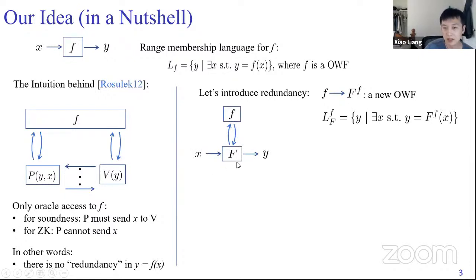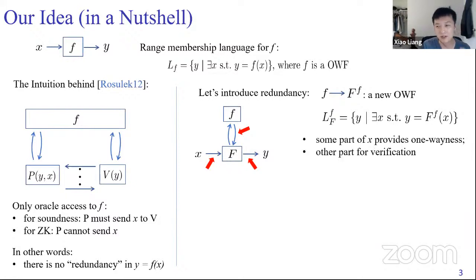You have this capital F that has oracle access to the small f given to you. And here you can perform some pre-processing on the input. You can also perform some post-processing. And here you can query the oracle several times. So this should give us some advantage, right? Some part of x can now provide hiding, and the other parts will provide us verification.